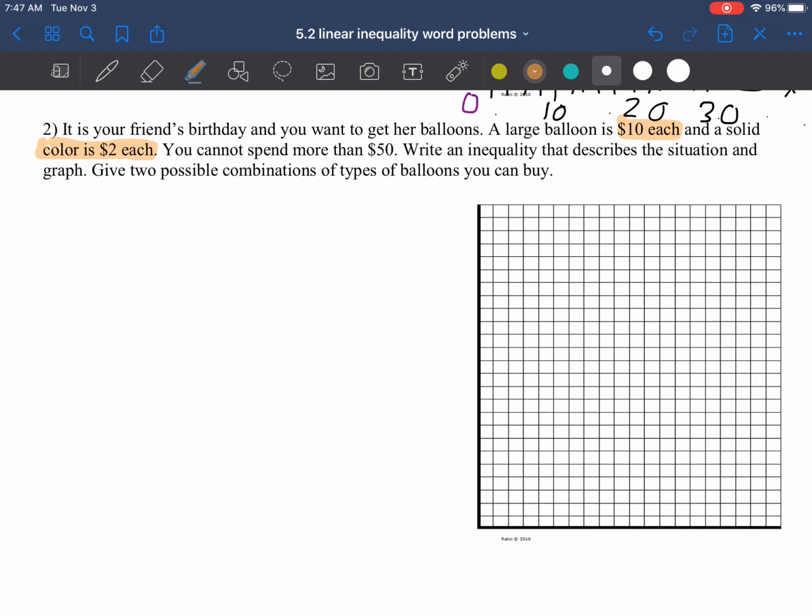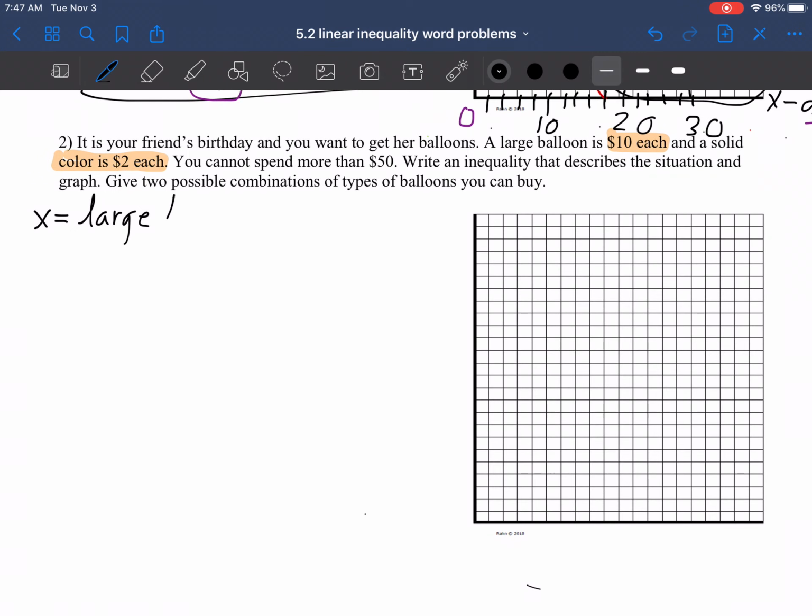So right away, hopefully you know what to do at this point. You're going to make your X value equal to the cost of a large balloon, and you're going to make your Y value equal to the cost of a colored balloon.